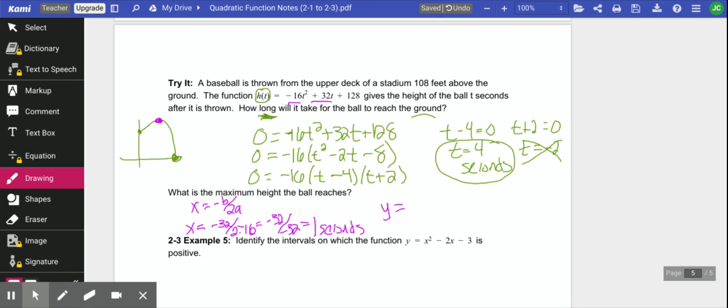So to find the y value, you're just going to plug in negative 16 times 1 squared plus 32 times 1 plus 128. When you plug all that in, you get negative 16 plus 32, which is 16, and 128 plus 16, how about 144? 144 feet.